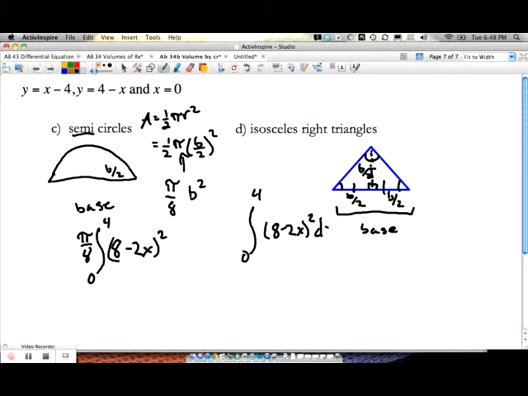Both of these are dx, by the way. But now the constant is, if we have the area of one of these triangles, it's half the base times the height. Well, half the base is 1/2 b, or b over 2, but then the height is also b over 2. So that's going to be 1/4 b squared. So this is just 1/4 on the outside. Easy, breezy, lemon squeezy.